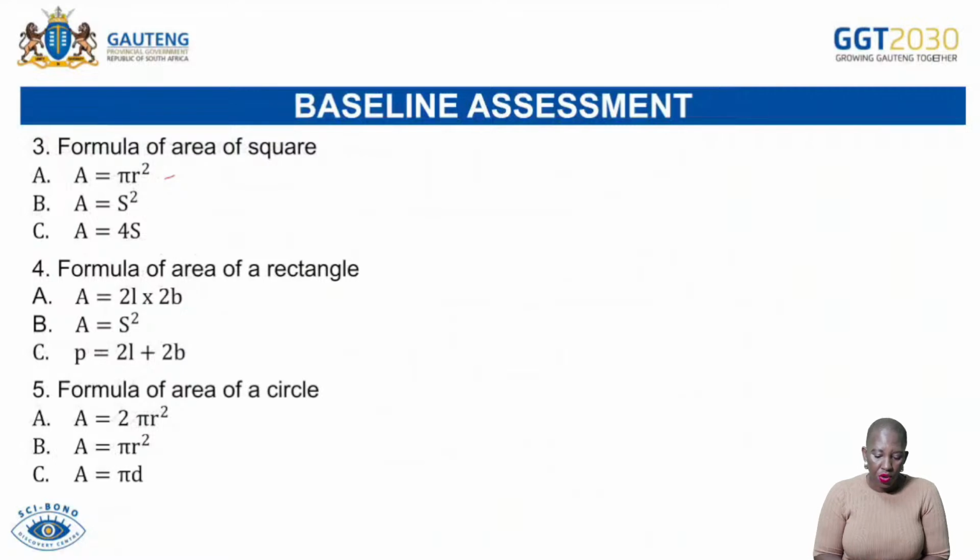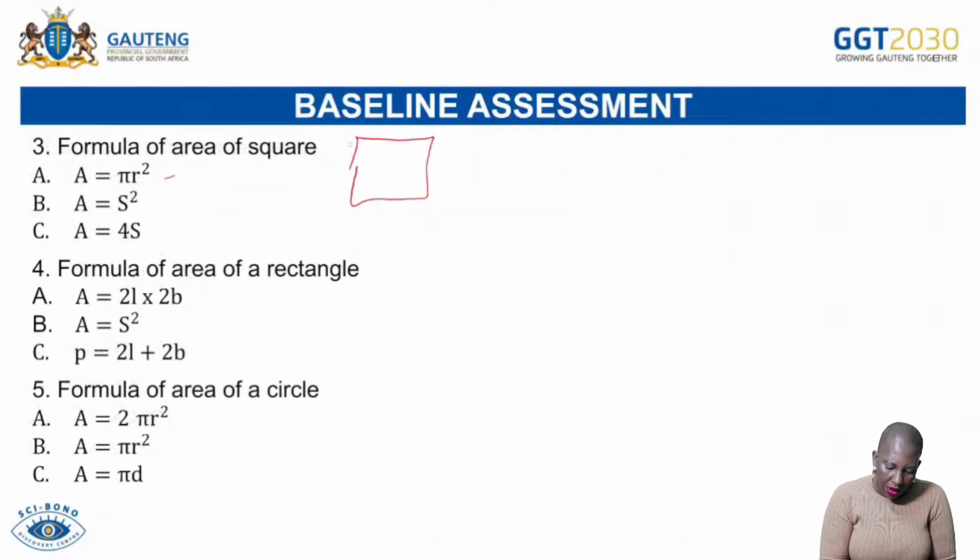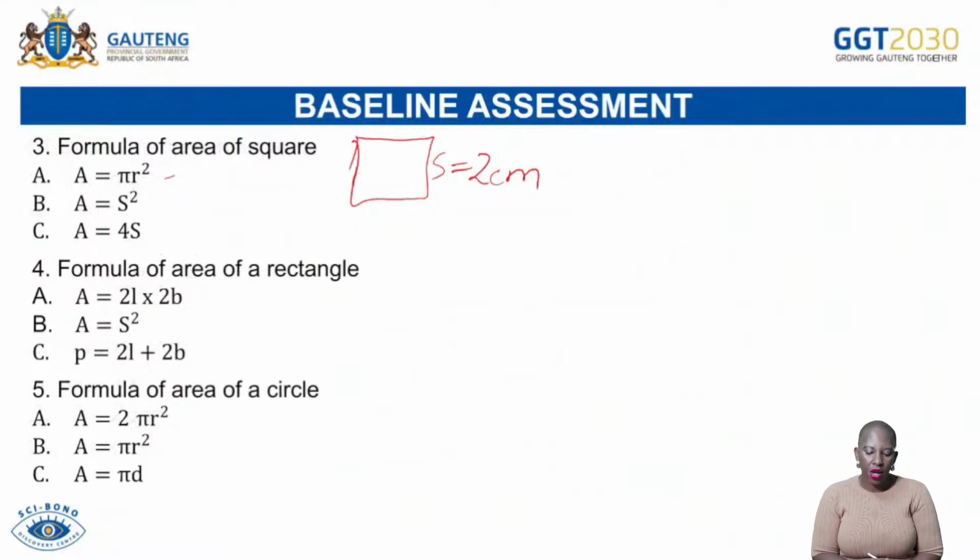So a square, we know all the sides are equal. So if they say this side is equal to 2 centimeters, it means all the sides are equal. So for the area of a square, the correct answer will be B. Side multiplied by side, but we'll still do it in detail. Here is just to refresh, as I've indicated.